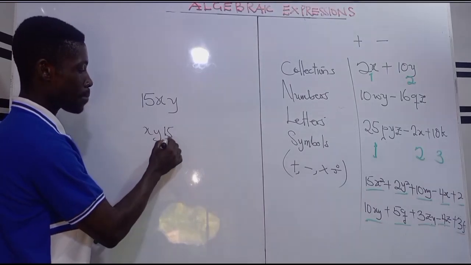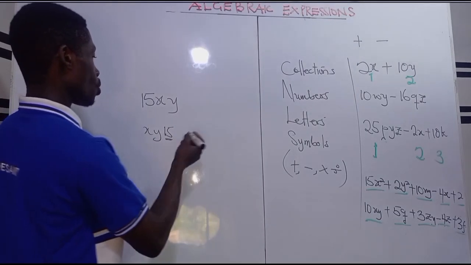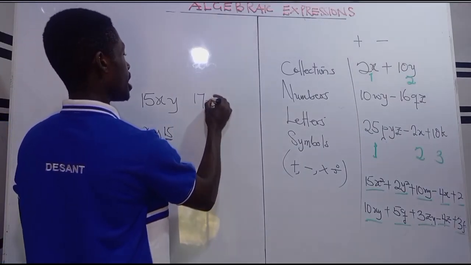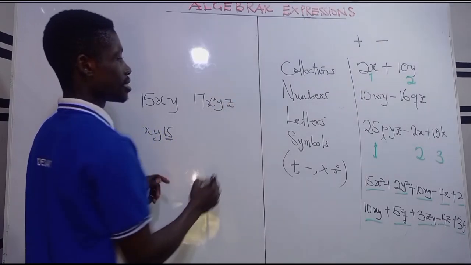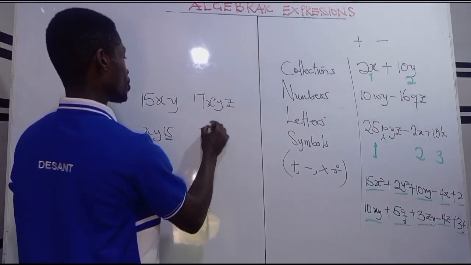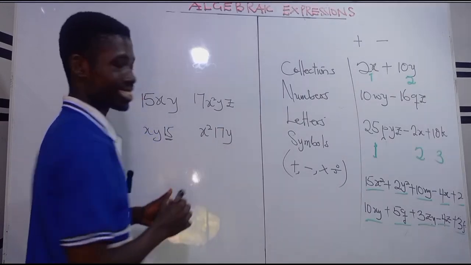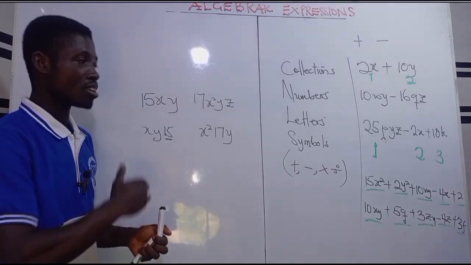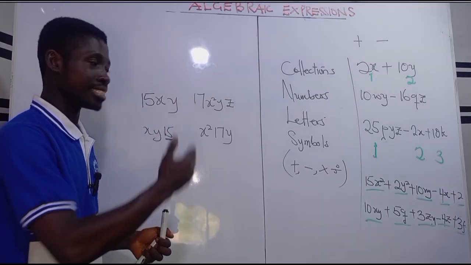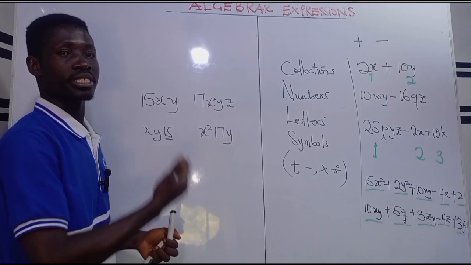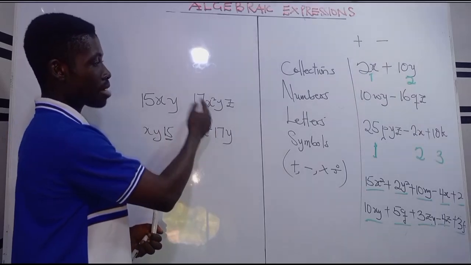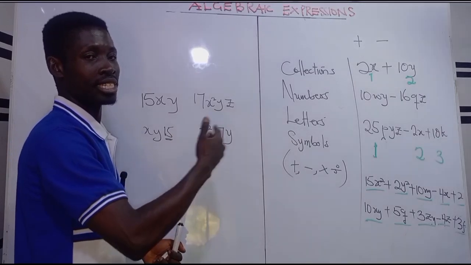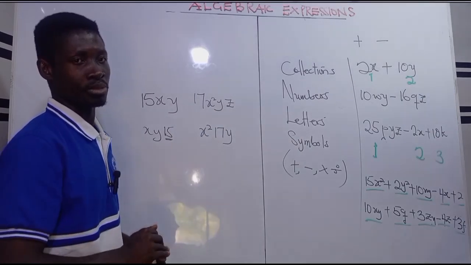Now, the number must always come first. So we can say 17x squared yz, but not x squared 17y. In algebraic expression, numbers come first, followed by what? The letters in alphabetical order. So when you are reciting your alphabet, X comes before Y comes before what? Z. That is how it is arranged in an algebraic expression.